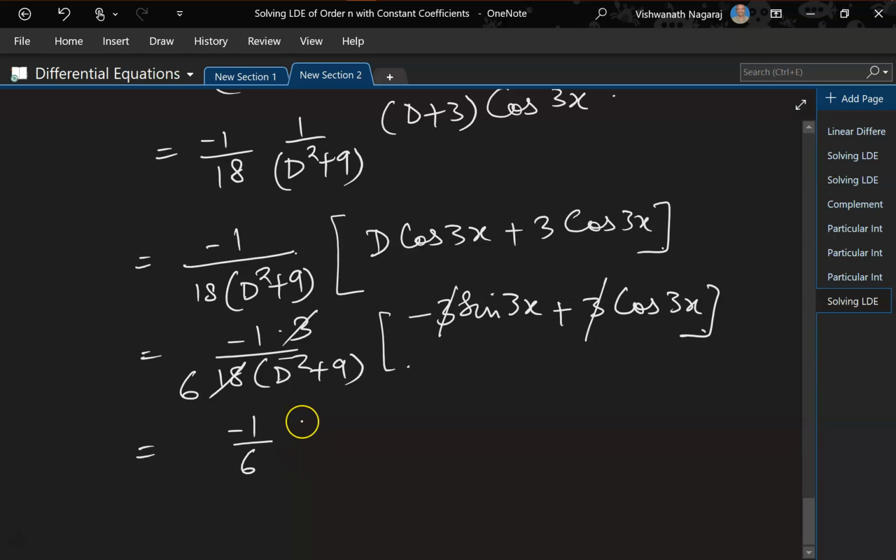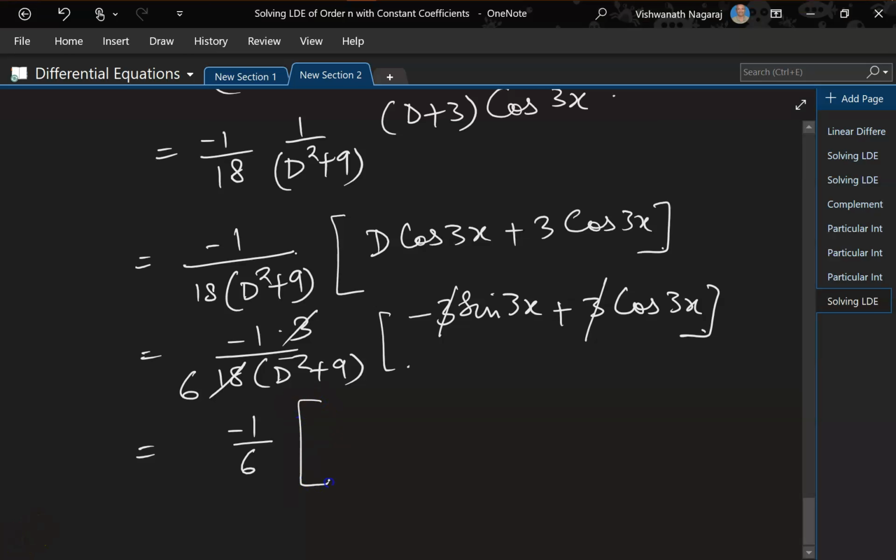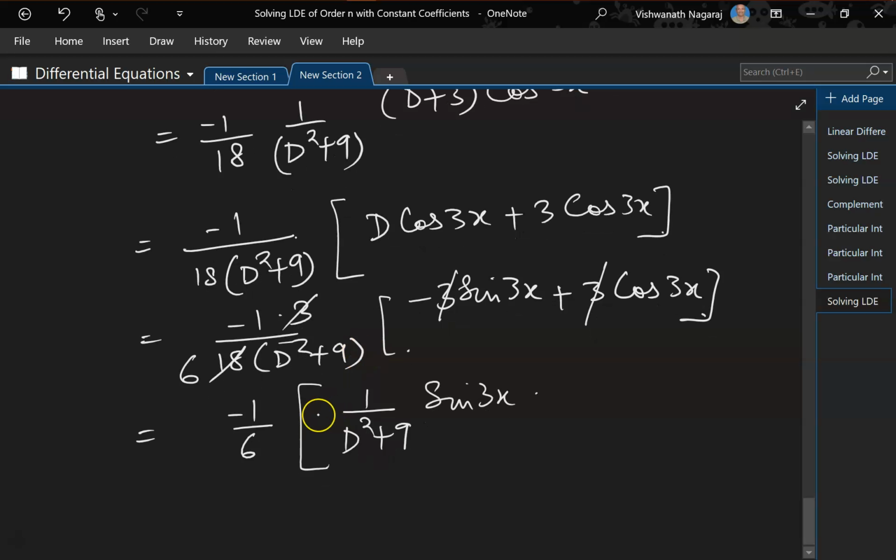Yes. D square plus 9, and we can again distribute this. So we end up with 1 by d square plus 9 times sin 3x, minus times minus. Okay, let's actually do the distribution here itself.